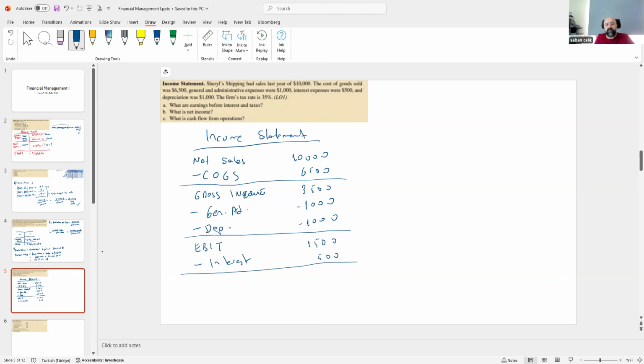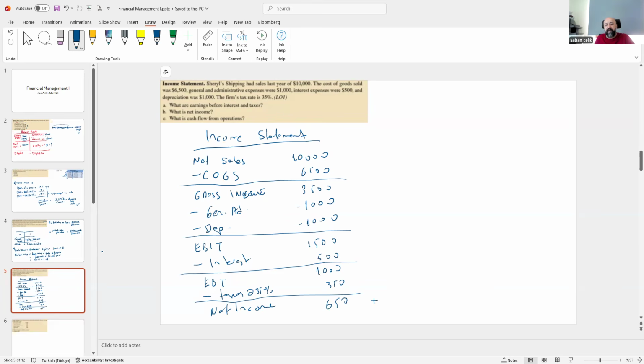Then this is going to be earnings before taxes, which is 1 million, if I didn't make any mistakes here. Then the tax rate is 35%, so taxes at 35% will be 350. So net income will be 650.